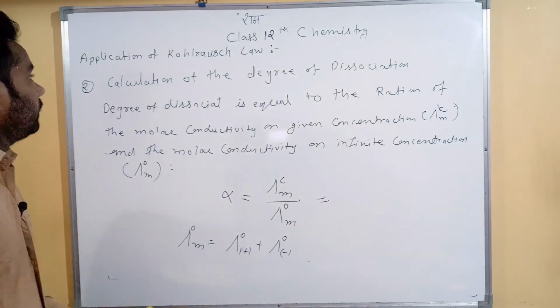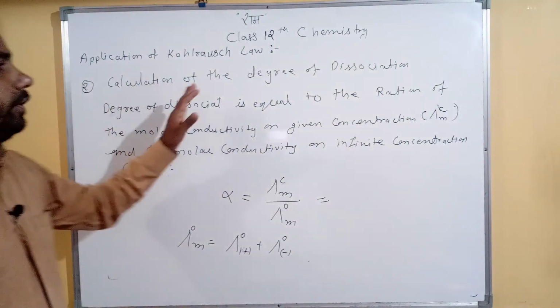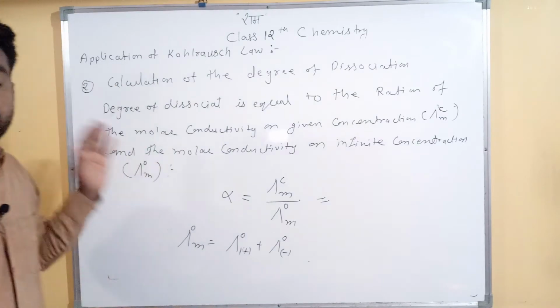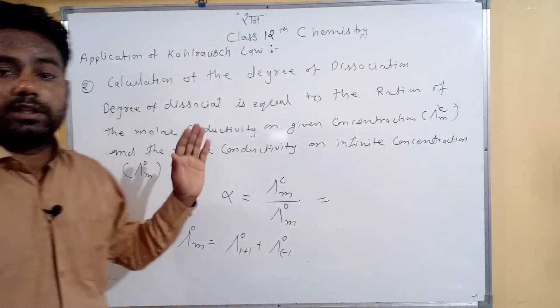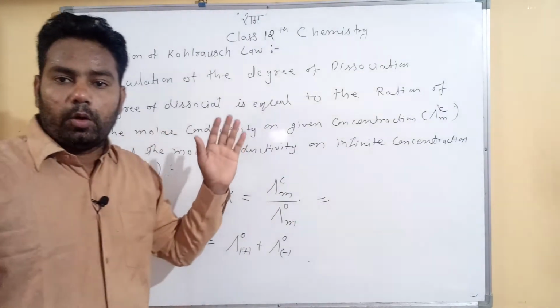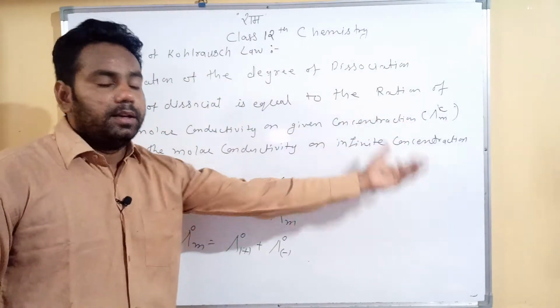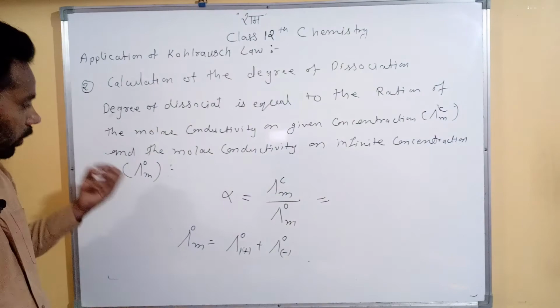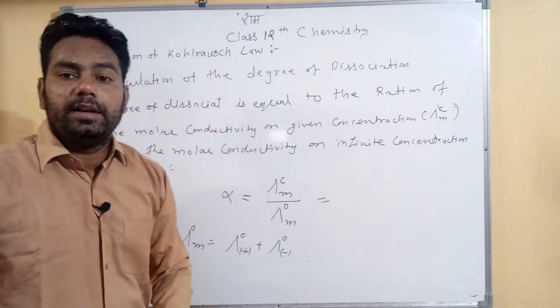Done. It's our second application, calculation of degree of dissociation. What is the degree of dissociation? The degree of dissociation is equal to the ratio of the molar conductivity of given concentration and limiting molar conductivity or the molar conductivity at infinite dilution.